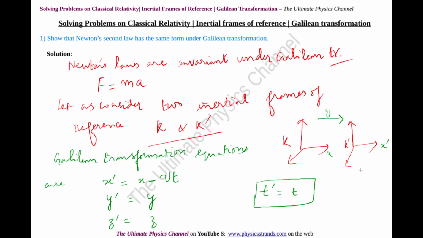Right. So if this is the situation, then we can derive the expression for the velocity transformations using the Galilean transformation equations by taking derivatives of this x prime, y prime and z prime. So let us say ux prime is equal to dx prime over dt. We have x prime is equal to x minus vt.